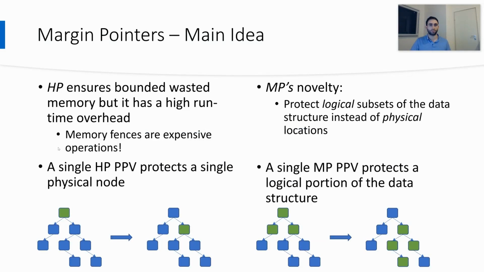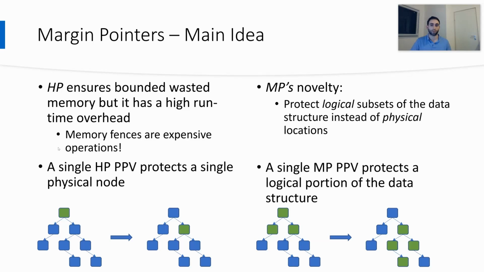Margin pointers is a PBR scheme like hazard pointers. But while HP protects specific physical nodes, MP protects logical portions of the data structure. This idea allows MP to issue fewer memory fences than HP. HP must protect and fence every single node it visits.